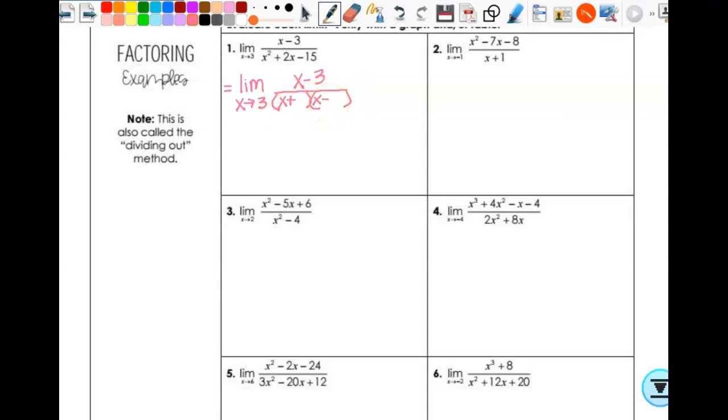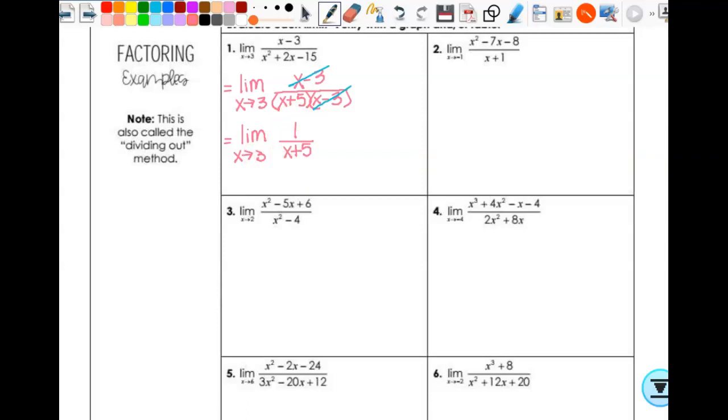And what are my two numbers? Positive 5 and negative 3. Okay? Make sense? We can factor. All right, so now I can reduce. And of course, that means that I have a hole when x equals 3, but it's not really what it's asking me here. So that's equal to the limit as x approaches 3 of 1 over x plus 5.